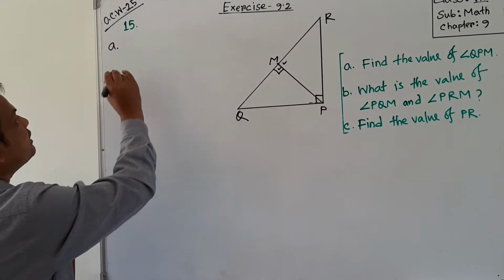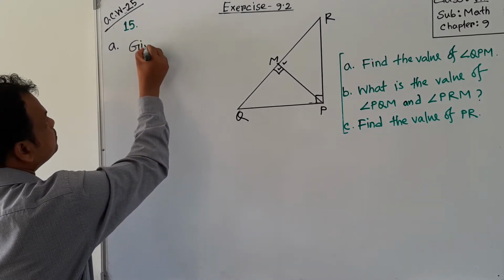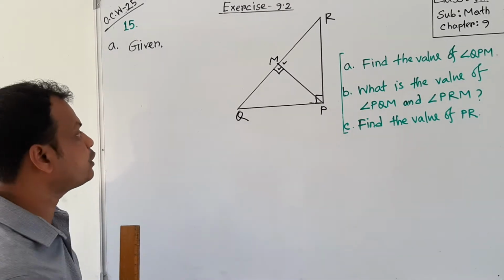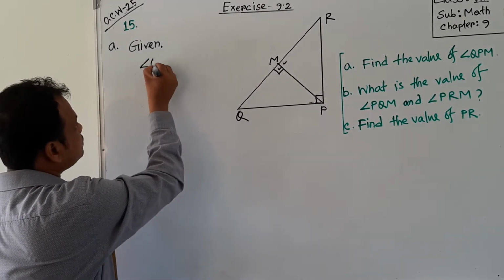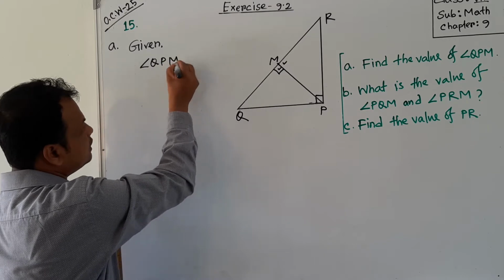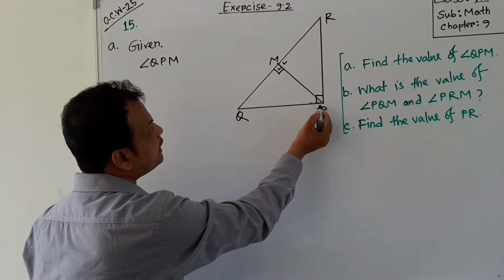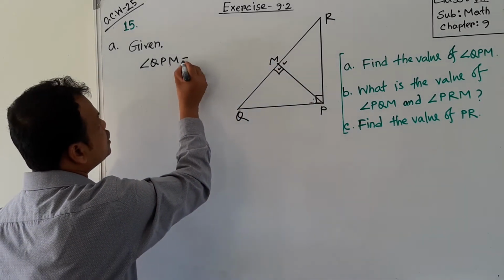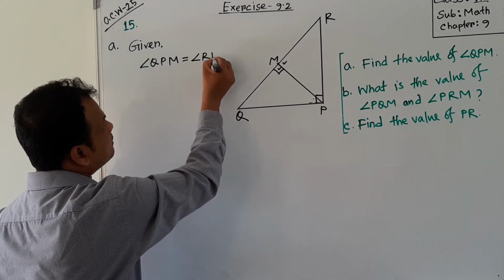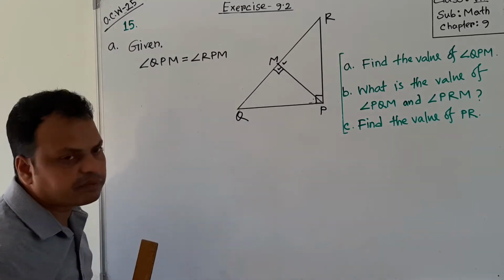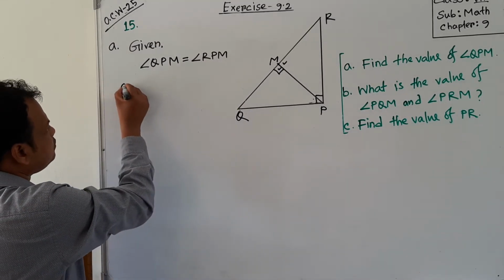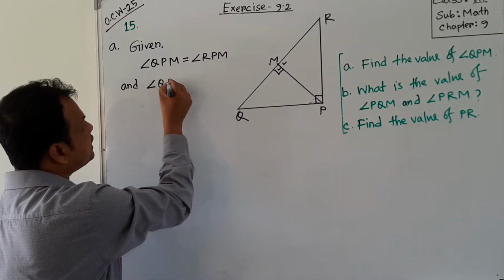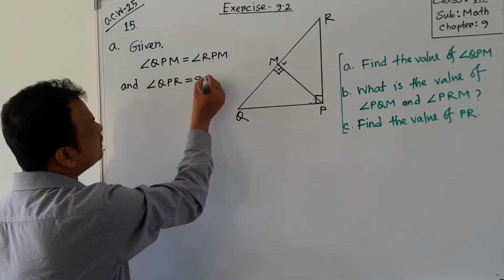Okay, now from the question we will write the given information. Angle QPM equals angle RPM. This is the given information, and angle QPR equals 90 degrees.